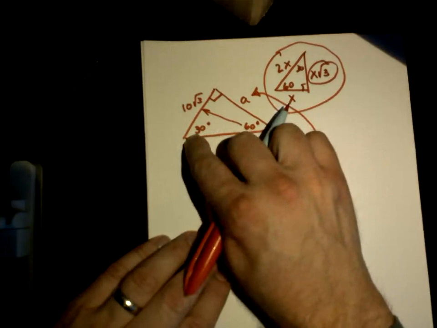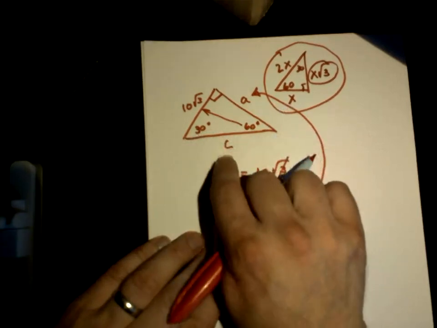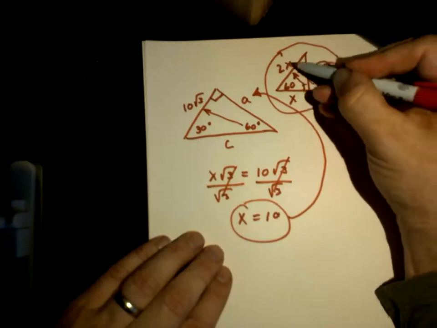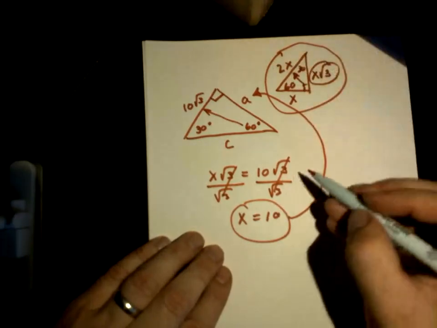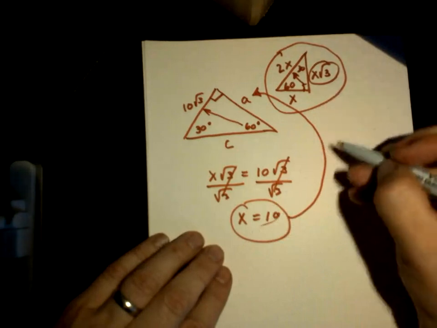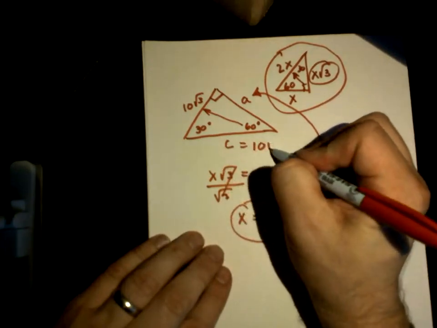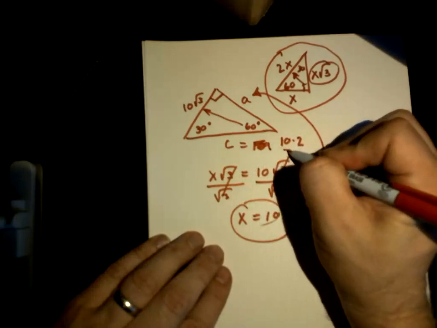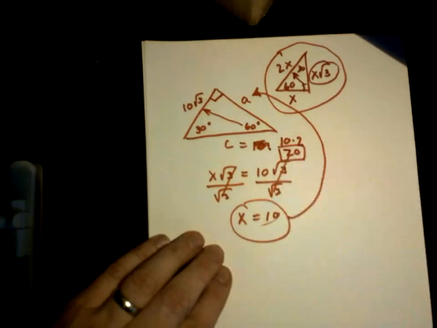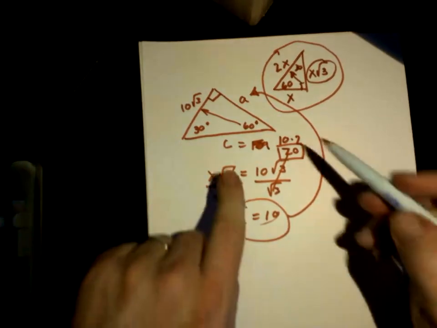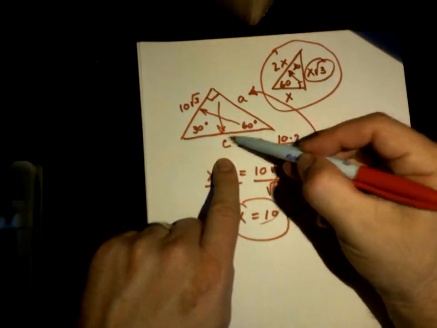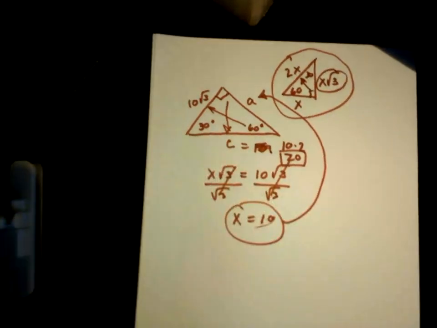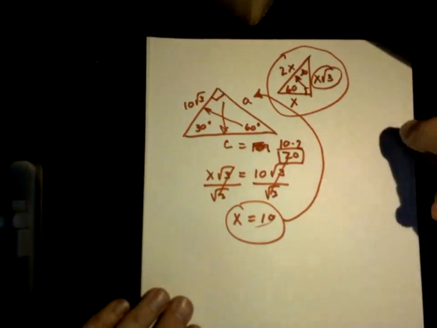That's the smallest angle. So now I want to find this side. So I'm going to look up here, and I'm going to look right across. Ta-da, that's 20. Because this is 2x times the smallest angle. Okay, all right, so that's the first one.